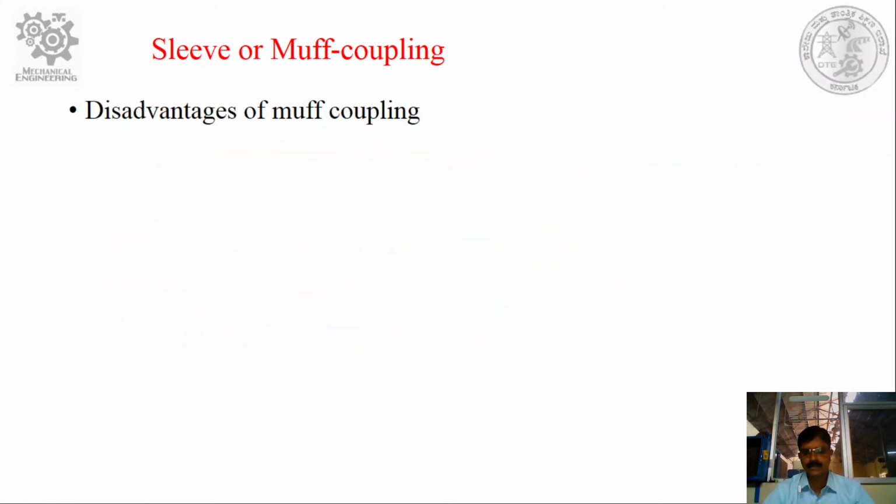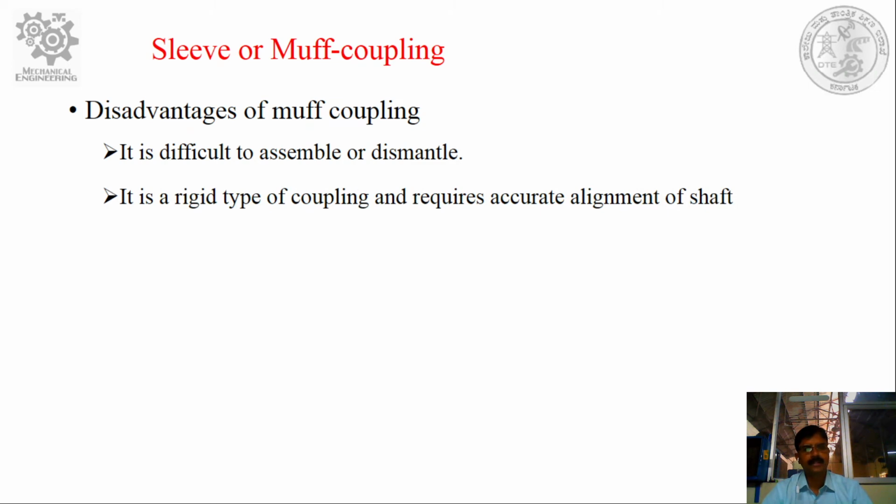The disadvantages of the muff coupling. It is difficult to assemble or dismantle. It is a rigid type of coupling and requires accurate alignment of the shafts. It cannot absorb shock loads and vibrations.